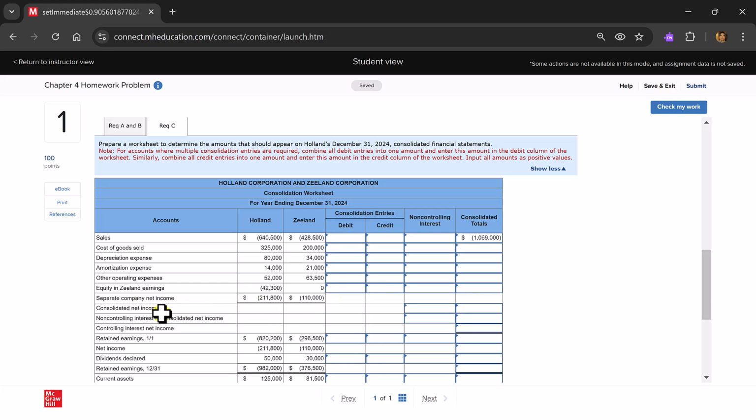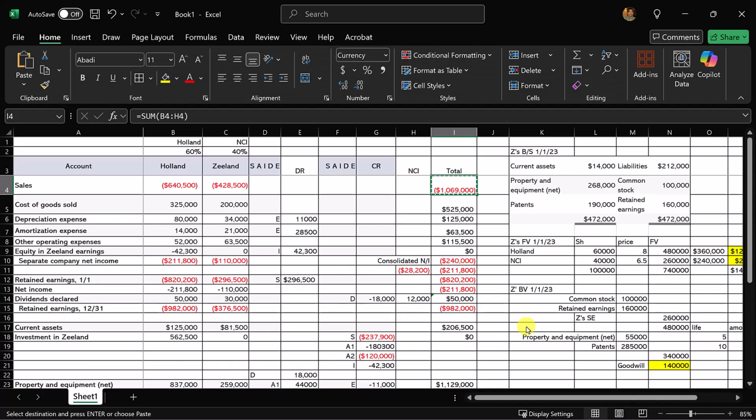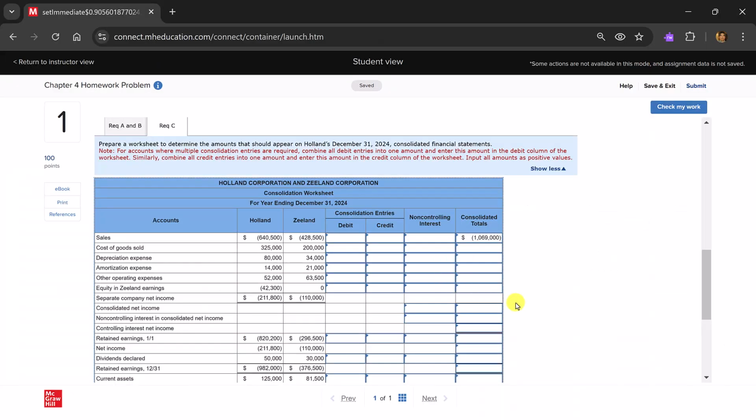Net income, consolidated net income. Consolidated net income. Credits are negative. Where's my cursor? Here.